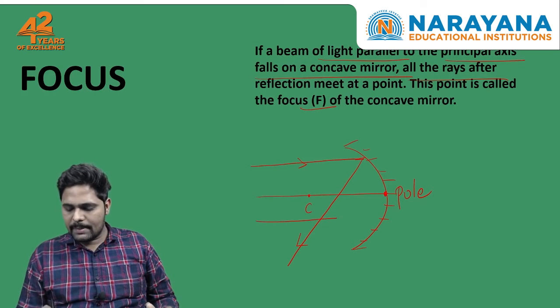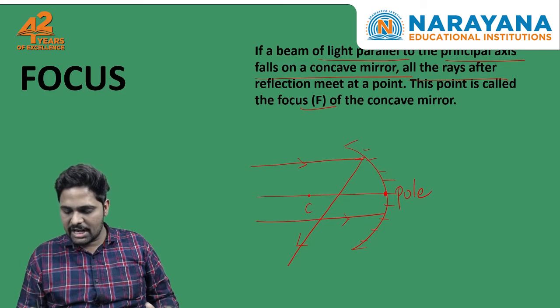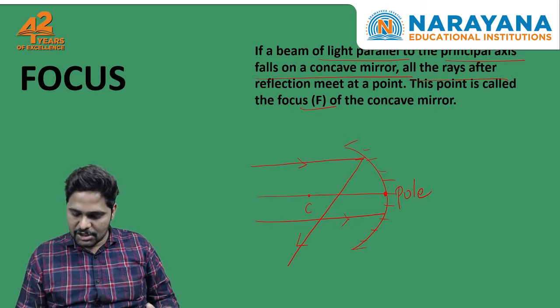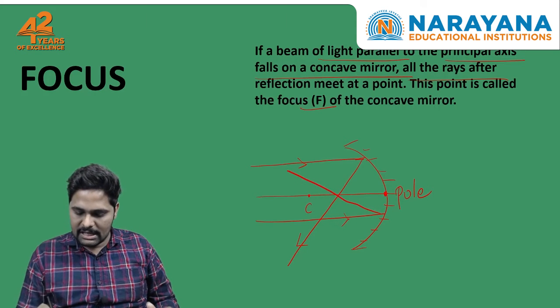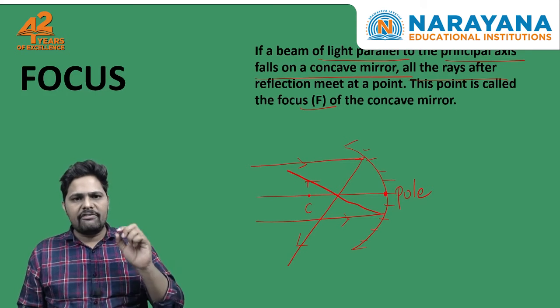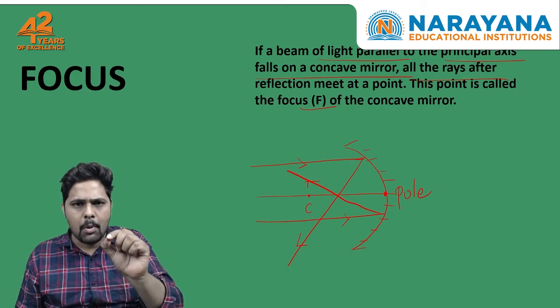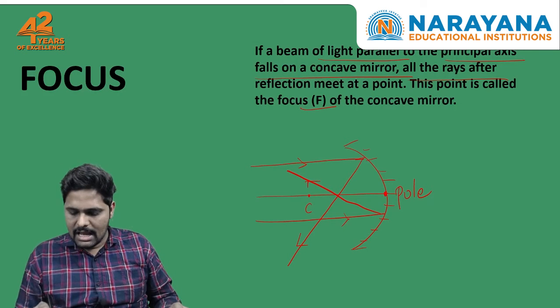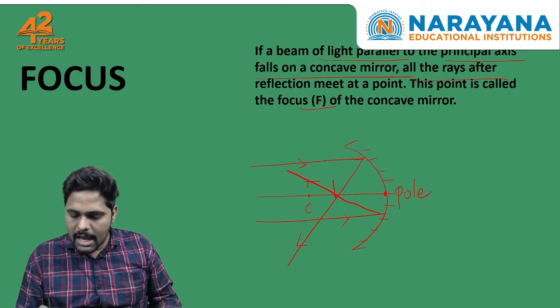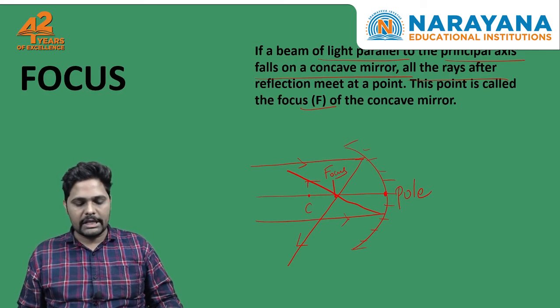And a ray which is passing parallel to the principal axis in this direction also, after reflection, will pass exactly like this. Now, if you observe properly, after reflection, these two reflected rays are meeting at a point on the principal axis. That point is called the focus for a concave mirror.